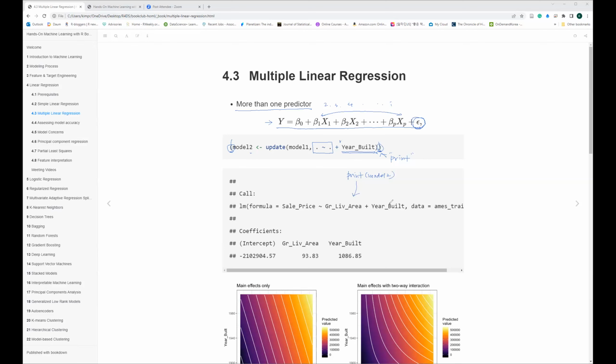It is not that detailed compared to the summary of model 2, but it still gives you a very good simple summary of what the regression coefficients are about. But for more detailed information about the model, you can always use the summary function.